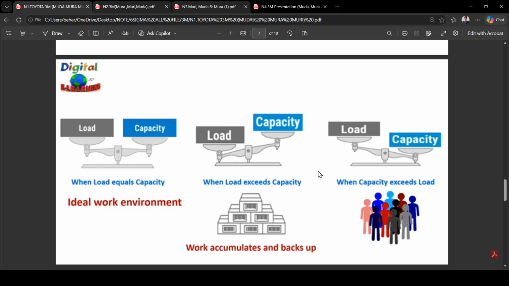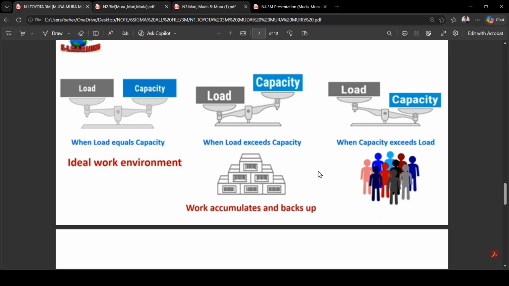When load exceeds capacity, it accumulates and backs up; that is very risky. When capacity exceeds load, that is also a type of waste.